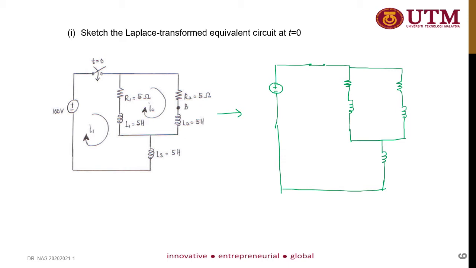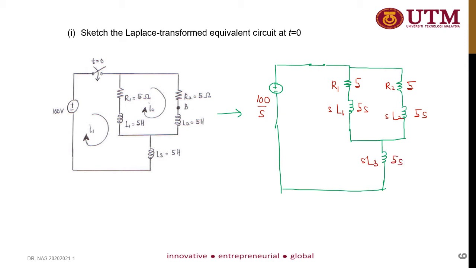So the source now is 100 u(t), so it is 100 over s, and then you have R in t, so it will be R in s as well, so 5, and then L in t becomes sL in the s domain, so your L is 5, so it's 5s, and same for R2, which is 5, and L2 becomes sL2, so it's 5s, and same goes for L3, so sL3, 5s.